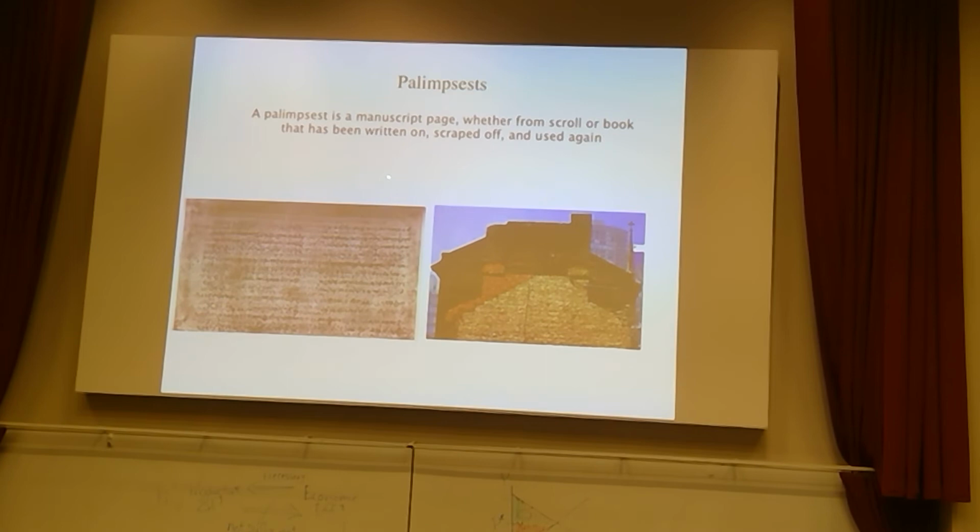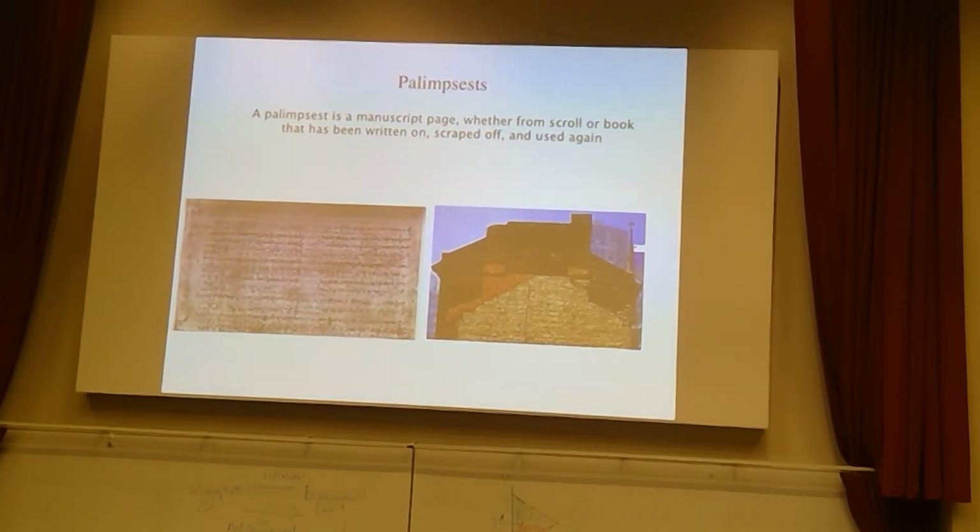What is a palimpsest? Back in the good old days, when somebody wanted to create a text, whether it was copying down a piece of philosophy from Archimedes or a piece of Holy Scripture, they needed something to write on. And so they could use sheepskin or papyrus, but this stuff was precious.